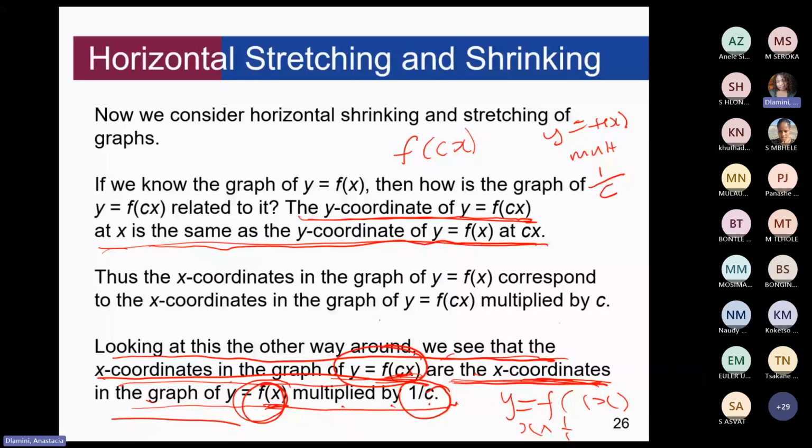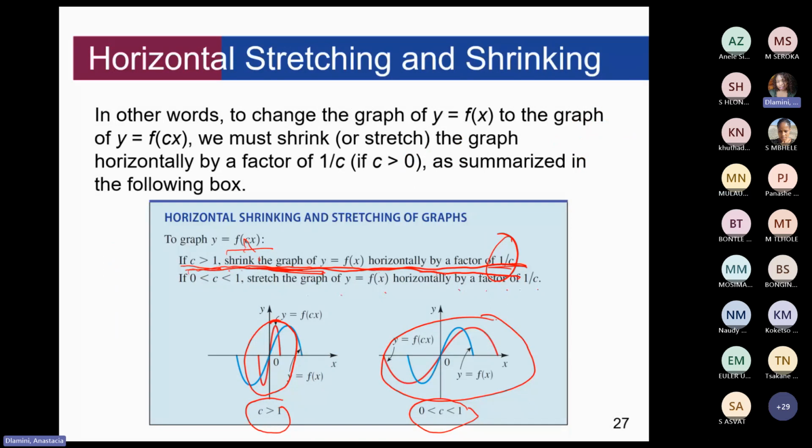Does it make sense now? It means that I'm going to take the x values of the original, multiply by 1 over c to get the x values of that. That's what they are saying here. Horizontally by a factor of 1 over c.